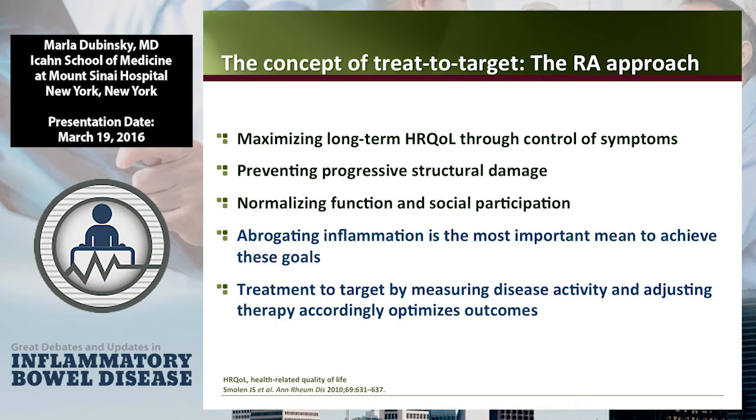So that means we have to find a way, because we don't have joints to easily look at, we don't have an x-ray of the hand to look at joint destruction, we've got invasive ways of looking at the bowel. We need to figure out if there are objective ways that we may be able to predict what the mucosa is actually looking like. And treat the target by measuring disease activity and adjusting therapy accordingly.